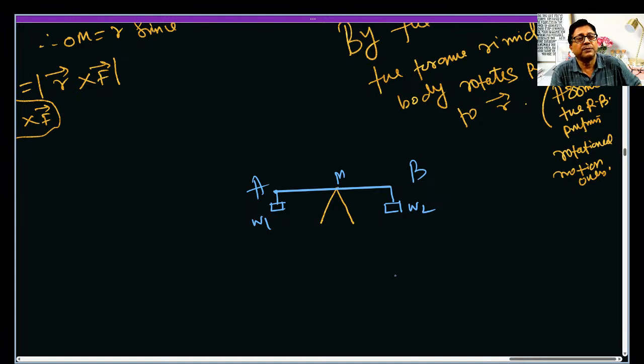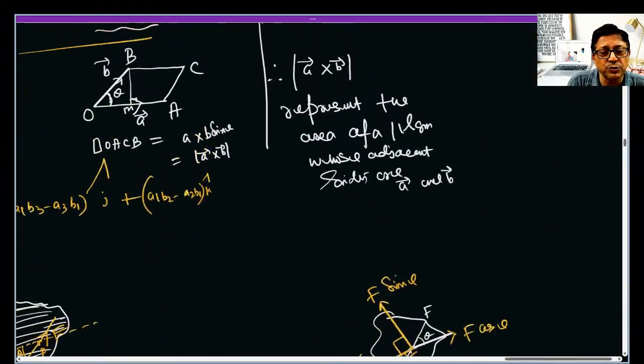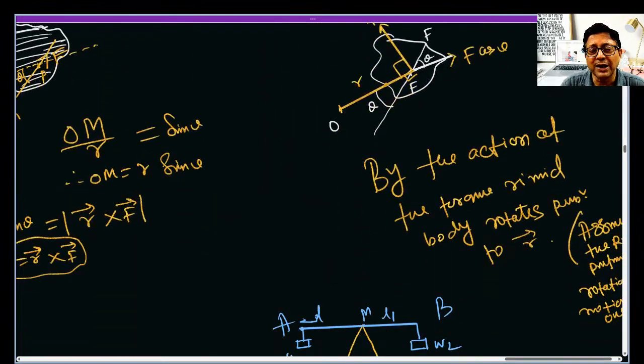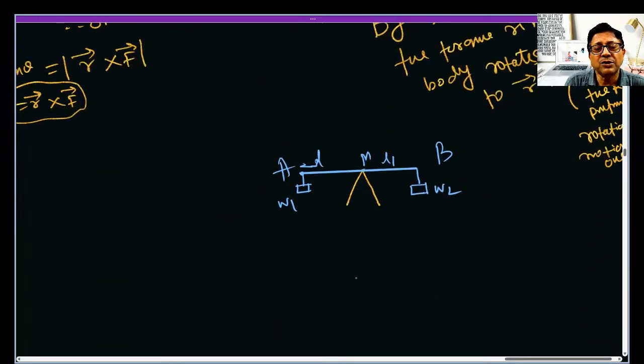But if they are of different weight, the pivot will be at a different position. Why? Let me explain. Due to this weight, there will be a torque acting on it. In what direction will the torque act? Assume the lengths of those two arms are L1 and L2.